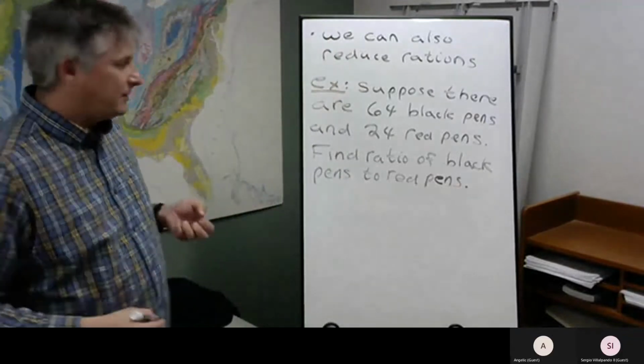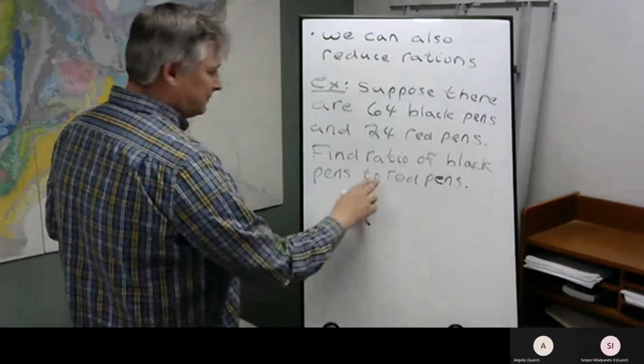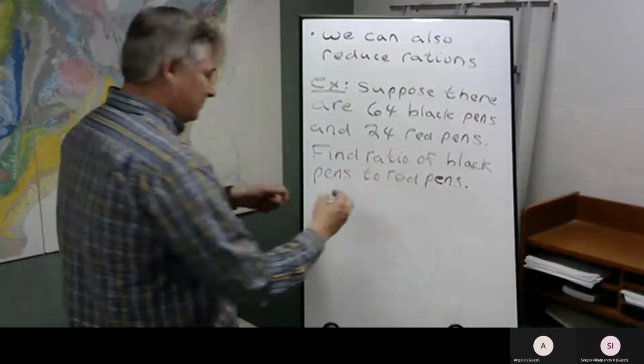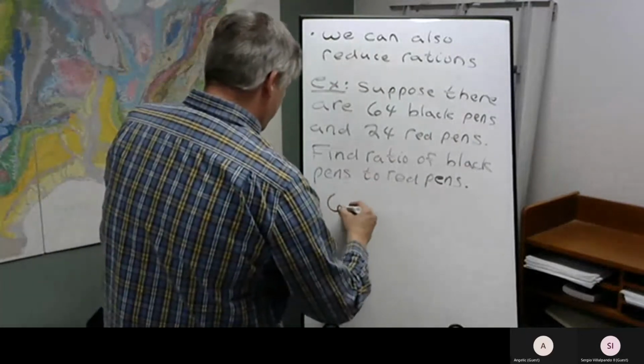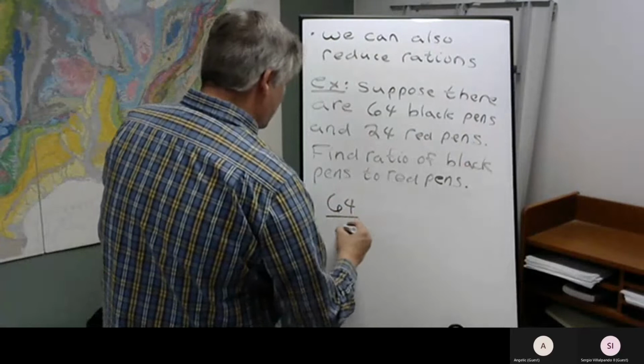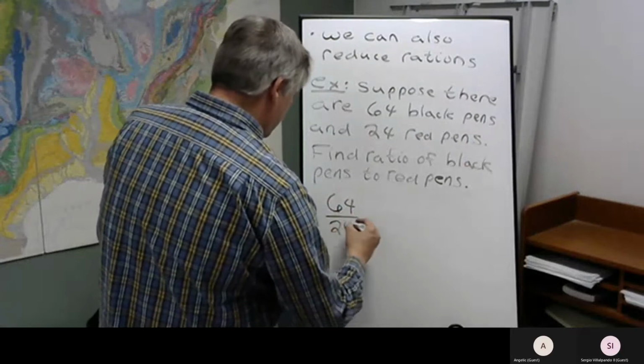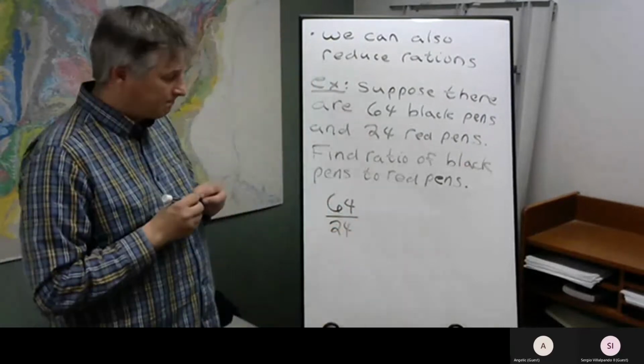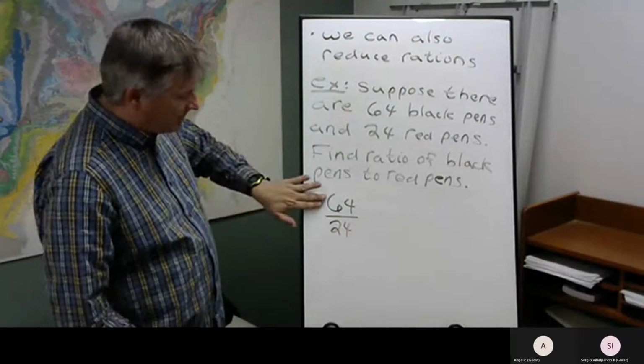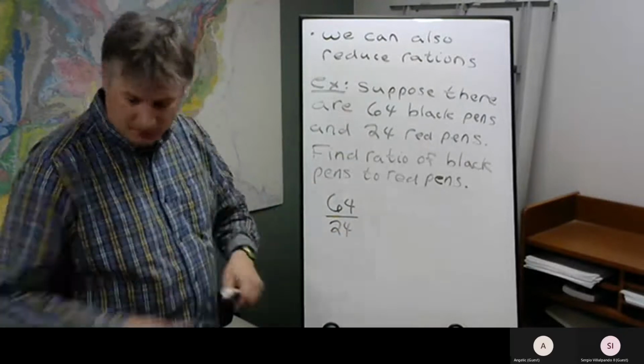So same idea. We have black pens to red pens. So that means 64 will go on top of 24. So number of black pens, number of red pens.